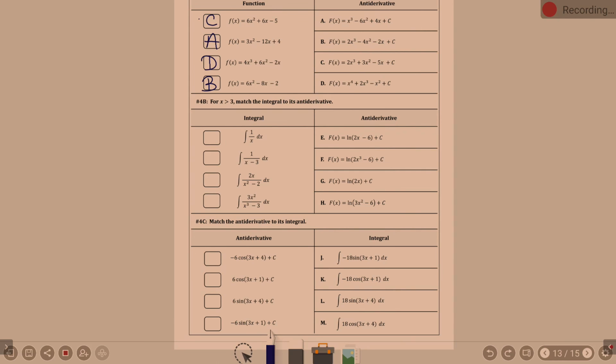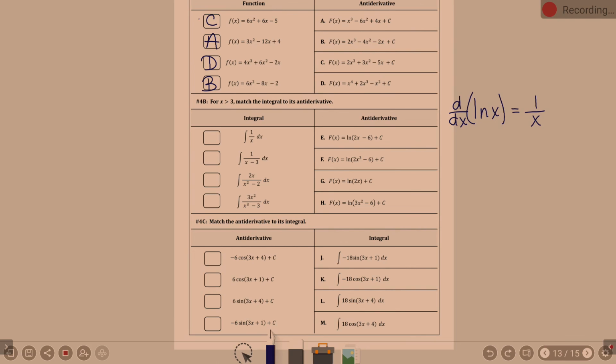I'm trying to decide how I want to teach this, but what do you notice all of my antiderivatives are here? They're all natural log, yes? And if we go back to derivative rules we learned, seems like eons ago right now, the derivative of the natural log of x is equal to 1 over x, right?